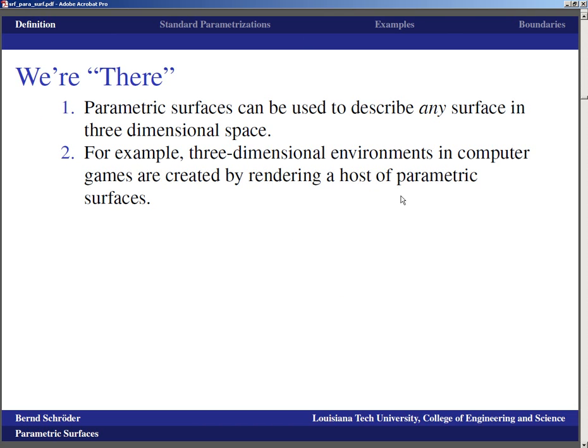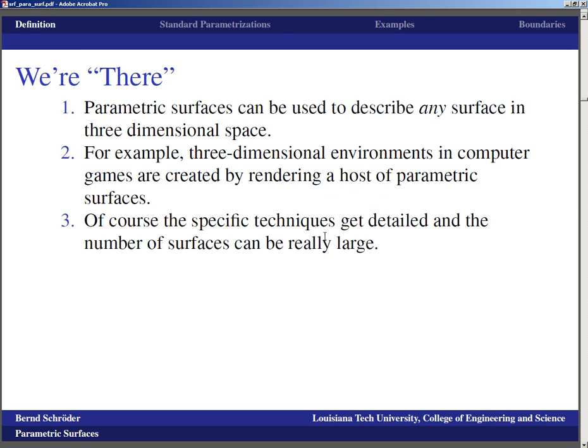Now, sometimes that is done with polygons and not with such fancy surfaces as we're going to see here, but basically, parametric surfaces can be used to describe anything. In physics, especially in electrodynamics, I think, they are called Gaussian surfaces or test surfaces, and they can have various shapes. Typically, physicists use, I think, spheres and maybe cylinders. You're going to see that in physics, but technically we can describe any shape we want, and that is nice.